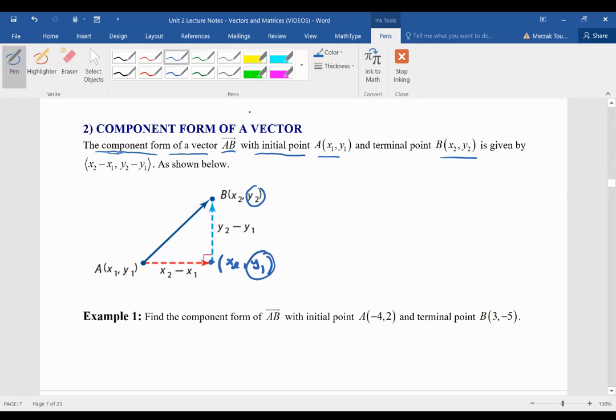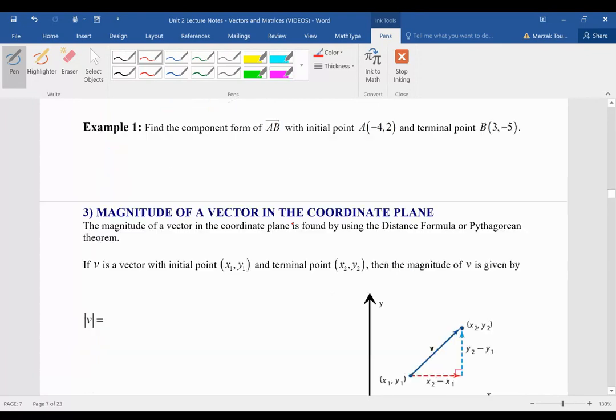The horizontal, x2 minus x1. There you go. All right. This is in case we're given the coordinates of the initial point and the coordinates of the terminal point. This is how we find the value of each component, the x component and the y component.